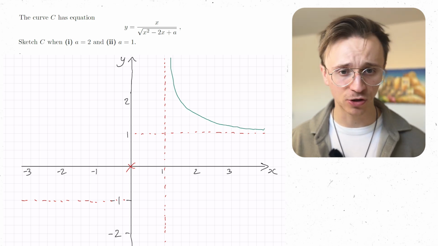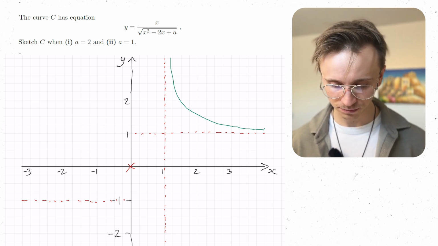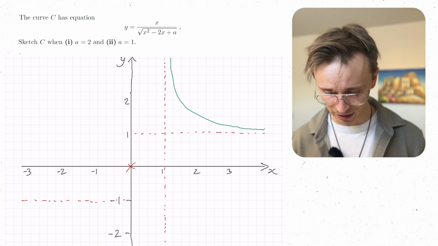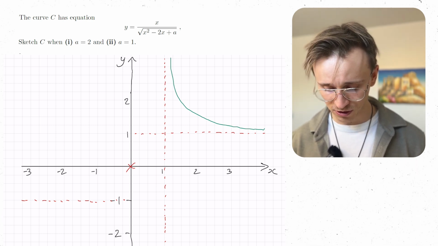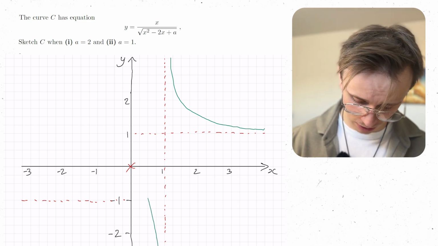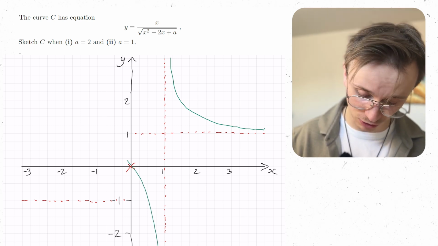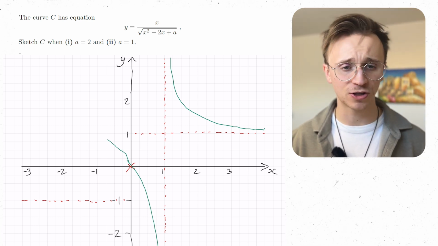I can't go beneath it because that would mean I have a turning point, which I know I don't have. So that's it for that side. For the left-hand side, I can again either start at positive infinity or minus infinity. If I start from minus infinity, I come up. I have to go through this crossing point, but then I need to get back down to minus 1. So I have to cross the axis again.